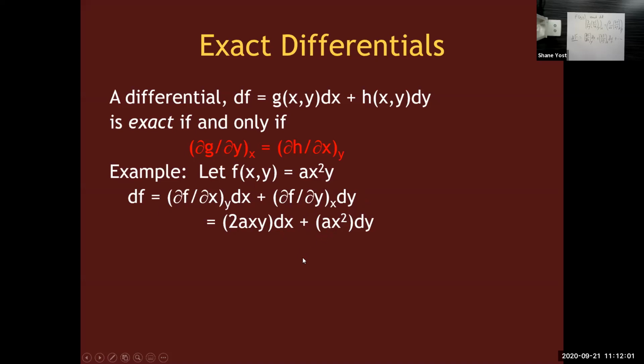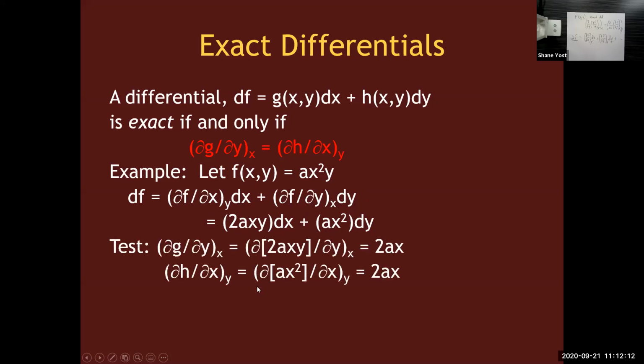To show it has an exact differential, you take the derivative of this with respect to y, and the derivative of that with respect to x, which both give you 2ax. So this function has an exact differential, and it is in fact a state function. Questions? Definitions of exact differentials, state functions.